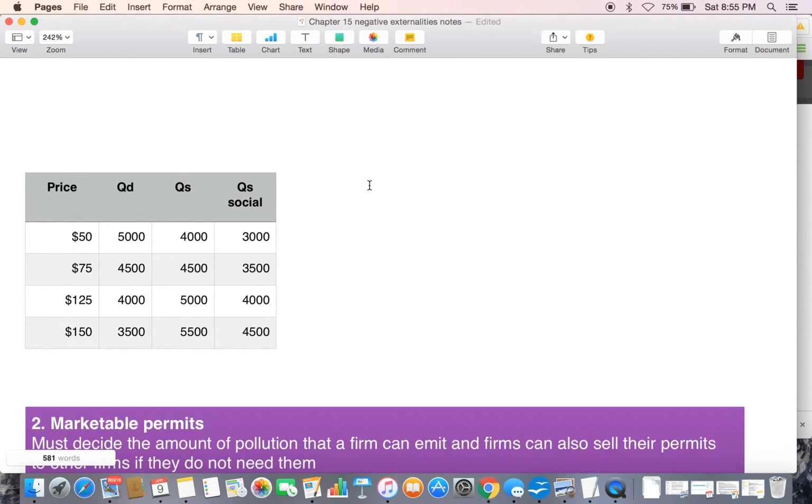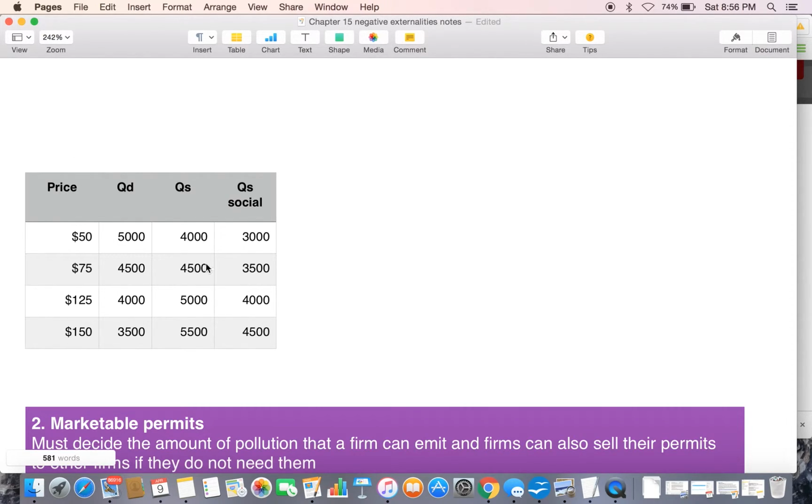What we initially see is that we would be producing where quantity supplied and quantity demanded meet, and there still is a market failure here, right? Because we have pollution before we increase the cost of production to reduce that pollution, or we put on the pollution tax, which is also an increase in input costs or production costs for the firm, which impacts their bottom line, shifting the supply curve, at a price of 75 and 4,500 hides demanded and 4,500 hides supplied.